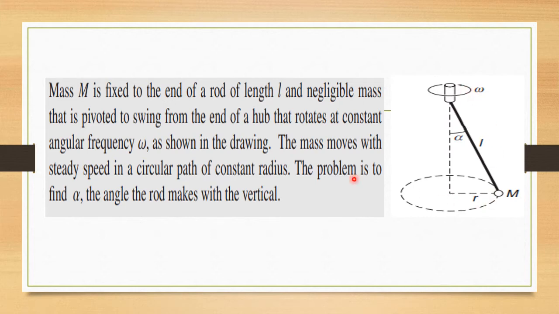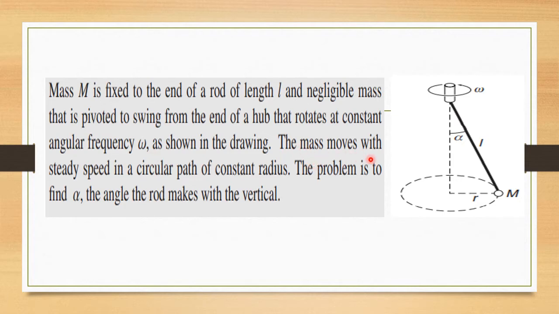So this is the problem. Mass m is fixed at the end of a rod of length L and negligible mass that is pivoted to swing from the end of a hub that rotates at constant angular frequency omega.